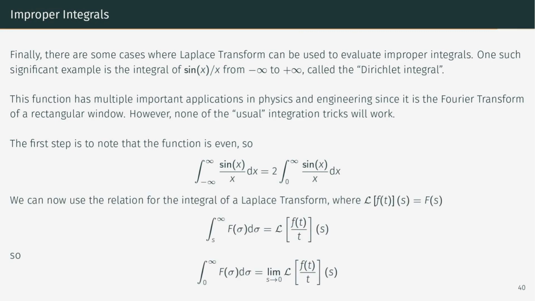We can now use the relation for the integral of a Laplace transform, where the Laplace transform of f of t equals F of s, such that the integral of F of sigma d sigma from s to infinity equals the Laplace transform of f of t over t. And so the integral of F of sigma d sigma from 0 to infinity equals the limit as s goes to 0 of the Laplace transform of f of t over t.